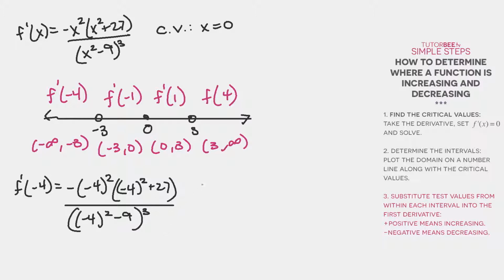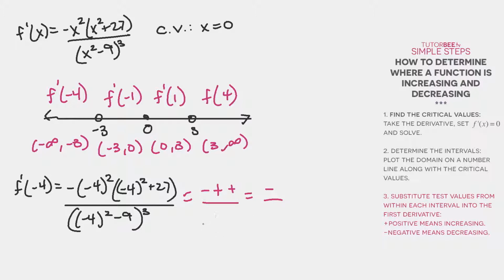Now remember that we only really care about whether the answer is going to be positive or negative. From here we can see that the negative 4 squared is going to generate a positive. Out front of that we have a negative. Then in here, no matter what we put in is going to be a positive because negative 4 squared is positive and we add 27. So you can actually see that on the top, no matter what, we'll get a negative.